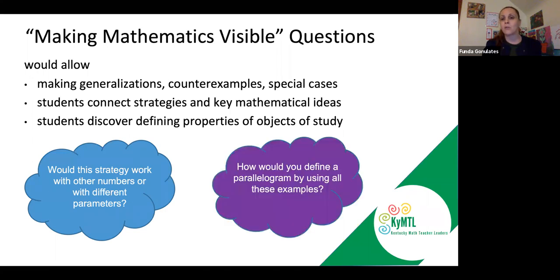Another example could be, how would you define a parallelogram by using all these examples at the end of an exploration lesson where kids examine different examples of parallelograms? In this example, they are creating their own definition for the shape of a parallelogram.